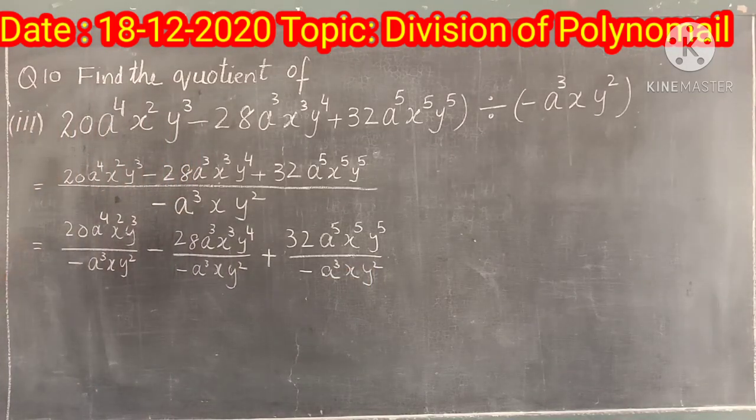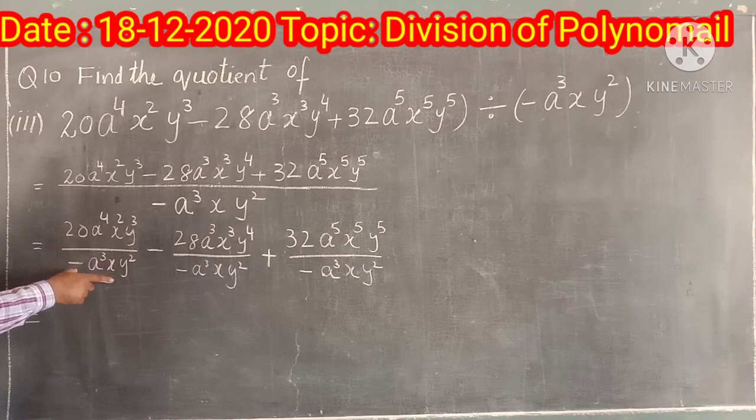So this is our next step. In the third step we will solve according to question number 9. Now we will divide this term by this term. First we will divide the signs.